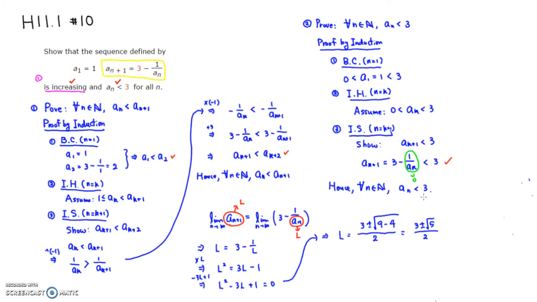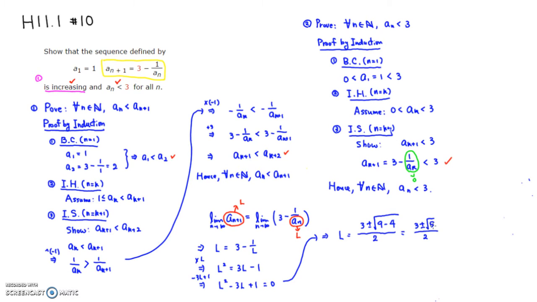Right? And we know that this sequence is increasing, so it starts from 1 and is bounded above by 3. So it can't be both numbers. So which one is the right one? When you do 3 minus square root of 5, the square root of 5 is bigger than 2.